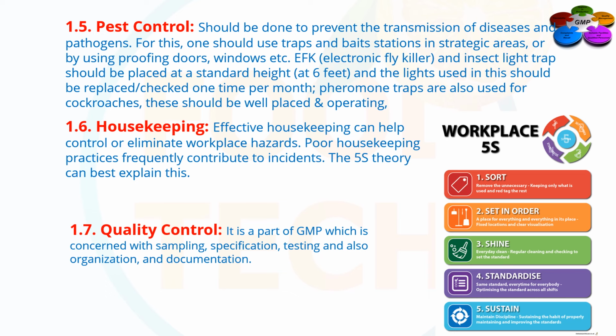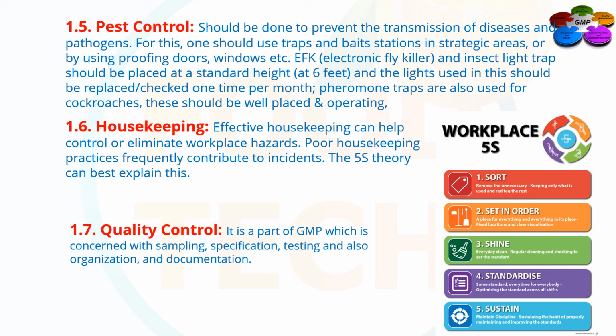Housekeeping checks the 5S theory. The first S is sort, that is, remove the unnecessary material which is not required for the processing area. Second S is set in order. Check whether every equipment is at its fixed location, depending on the area the equipment needs, and that it does not discontinue the processing chain.